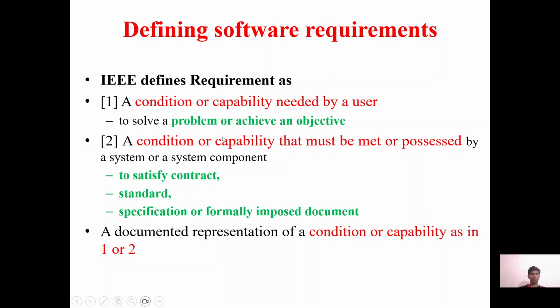To solve a problem or to achieve an objective. Next, a condition or capability that must be met or possessed by a system to satisfy the standards and specifications or formally imposed documentation. Requirements 1 and 2 put together form the software requirement.